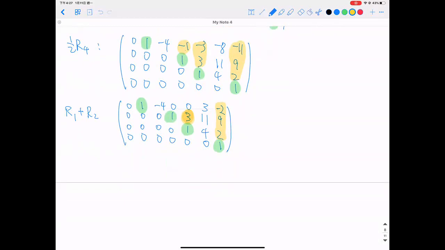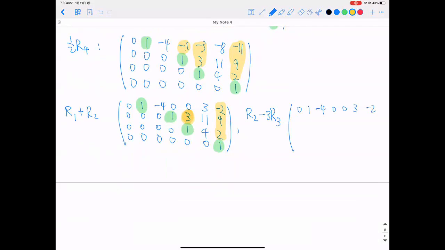So the operation to do is what? We take R2, we minus 3 copies of R3. Now this operation will keep R1, R4, and R3. So 0, 1, minus 4, 0, 0, 3, minus 2.